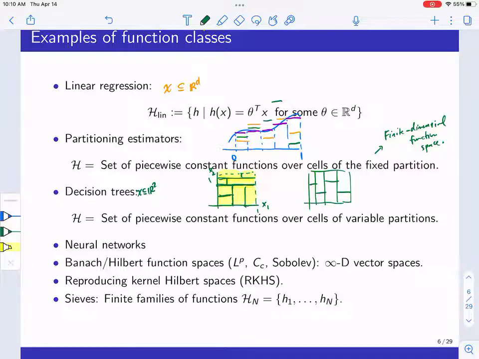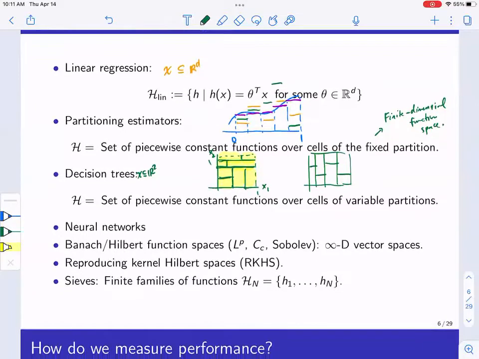So you have to search over all possible ways of splitting, which is combinatorial. You can count how many ways there are. So decision trees are an example, at least for the global solution.